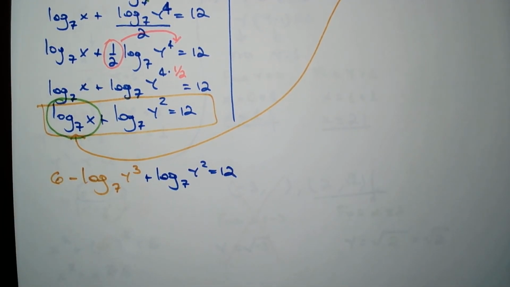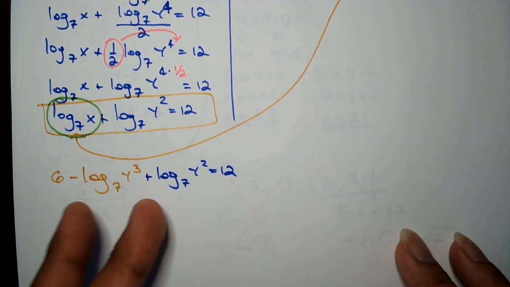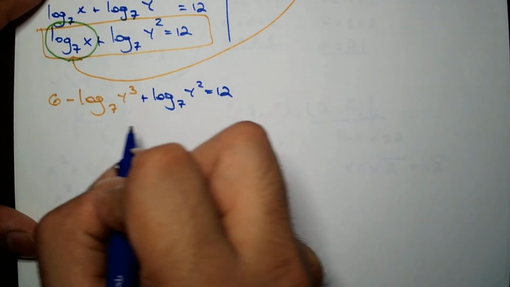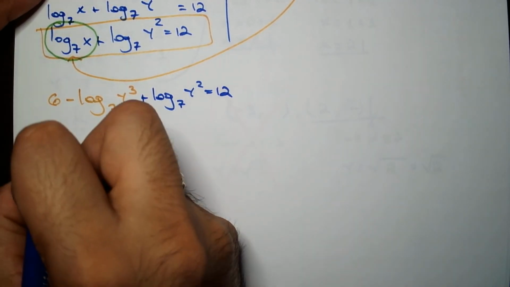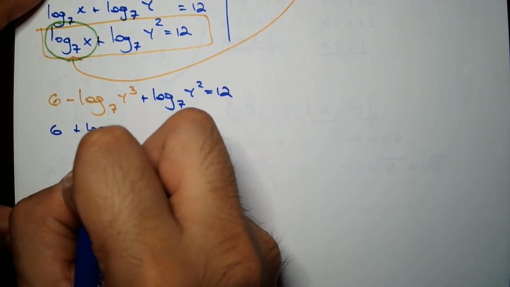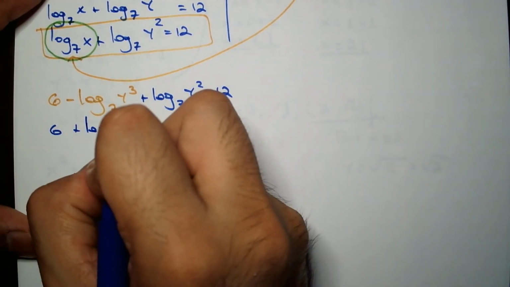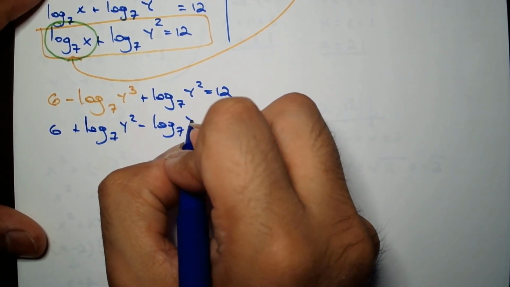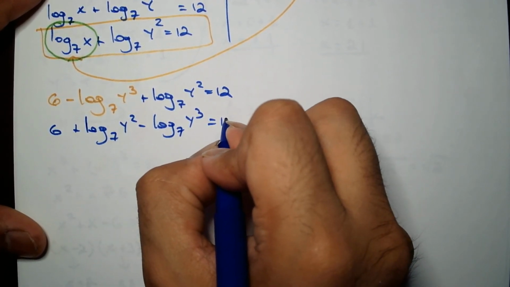Well, in this case, I'm going to write this in reverse order so it's easy to read. So that's 6 plus log base 7 of y squared minus log base 7 of y cubed equals to 12.